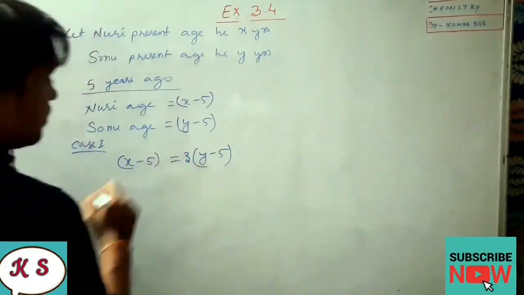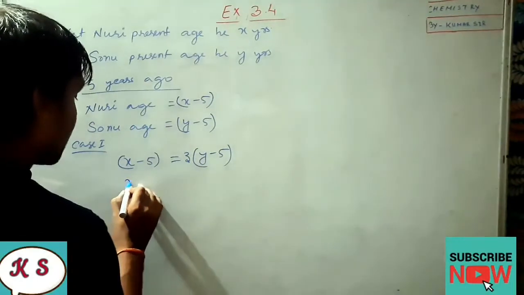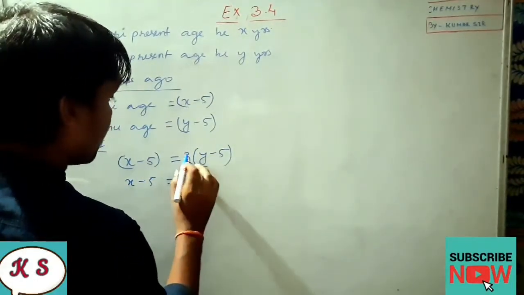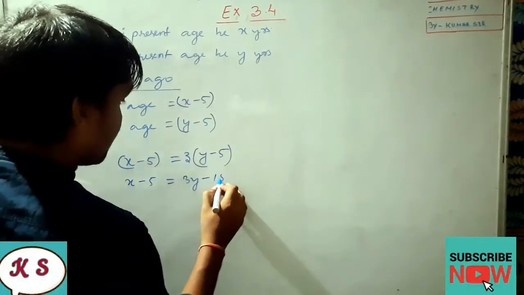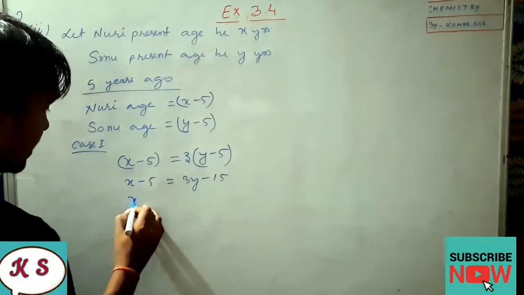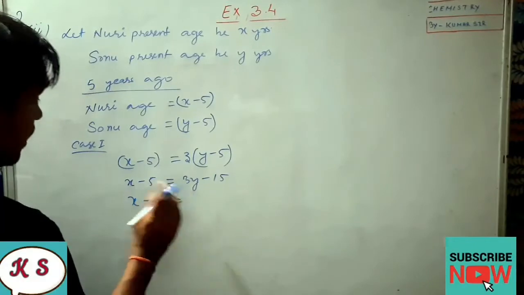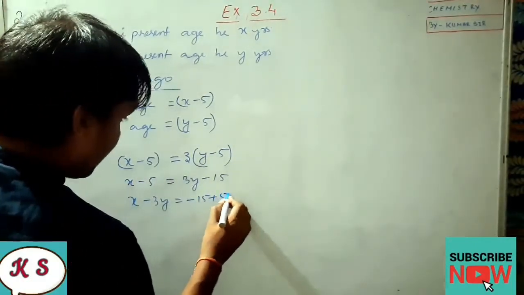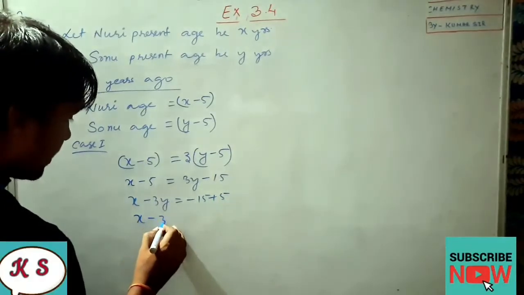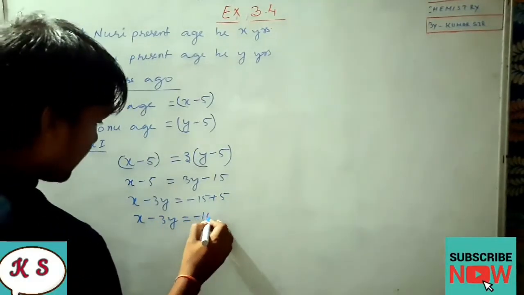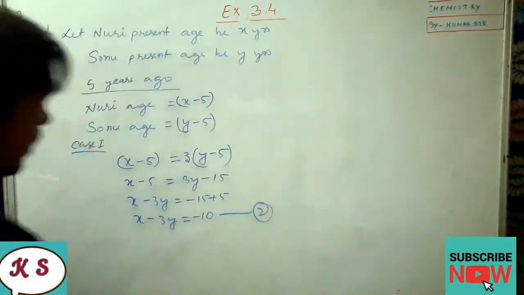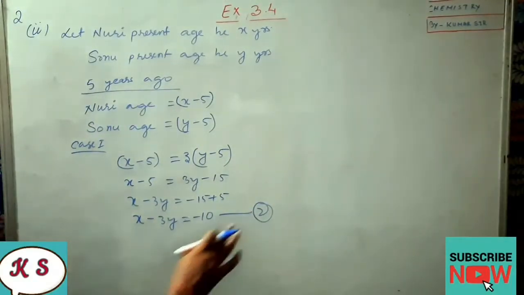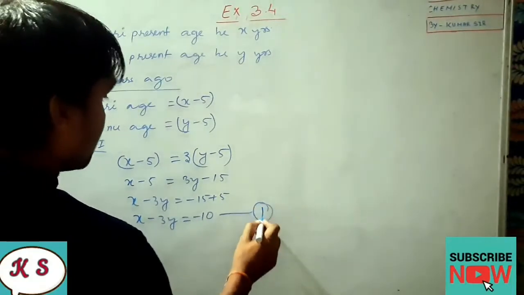So you will multiply: X minus 5 equals 3 into Y, 3Y, 3 into minus 5, minus 15. So Y term you bring this side, so X minus 3Y, and this 5 you take that side, so it will be minus 15 plus 5. So X minus 3Y equals minus 10. That is equation number 1.